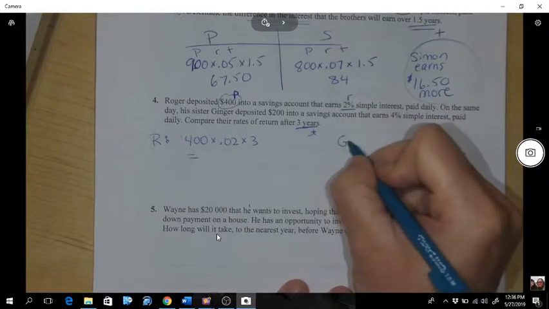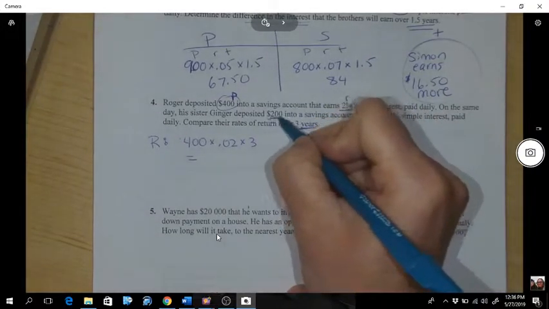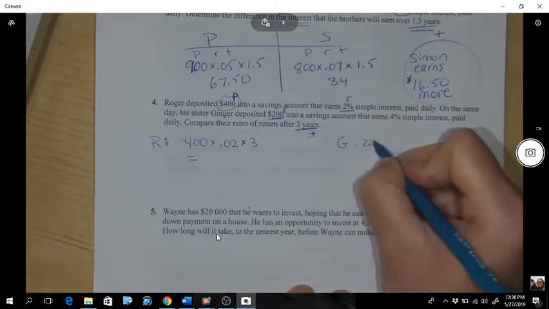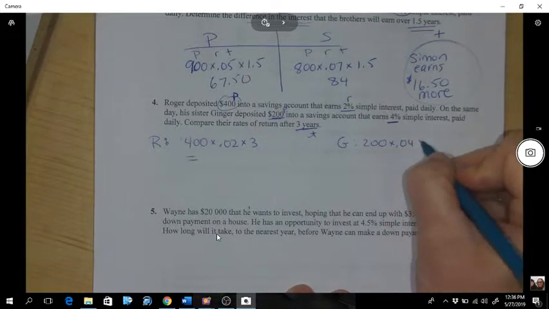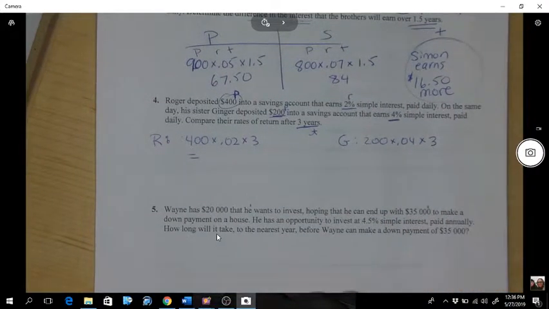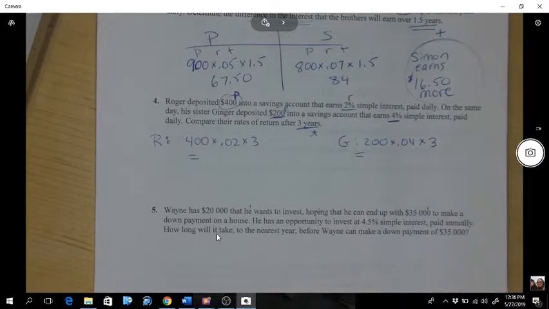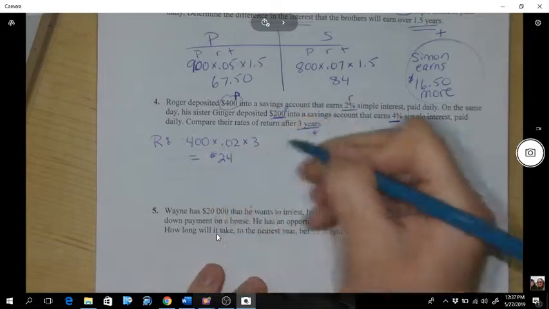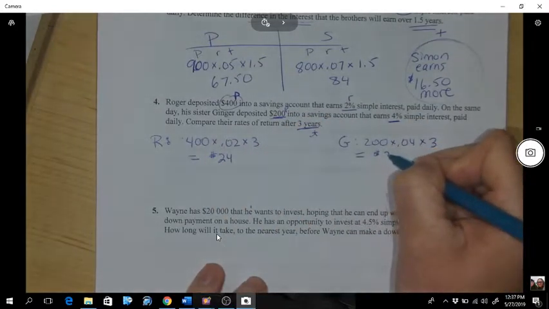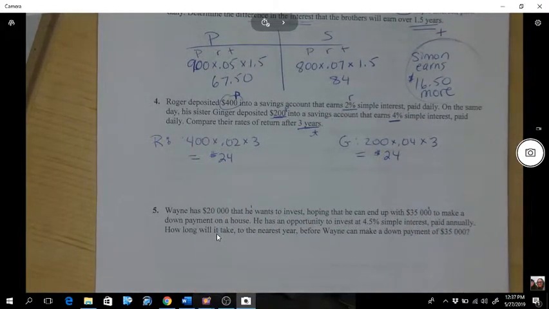And Ginger, she deposits $200, so that's principal, earning 4%, and also for 3 years. Okay, so multiplying that, Roger earns $24 of interest, and Ginger earns $24 of interest as well.